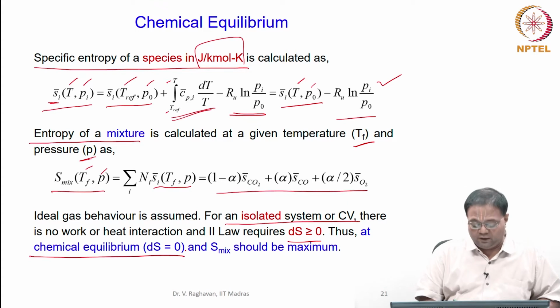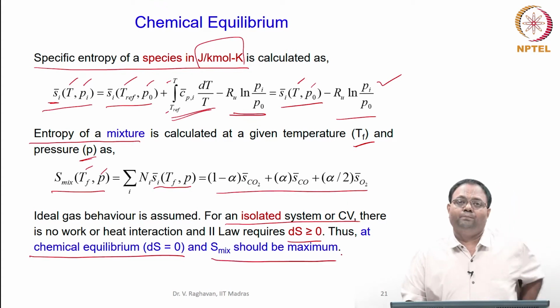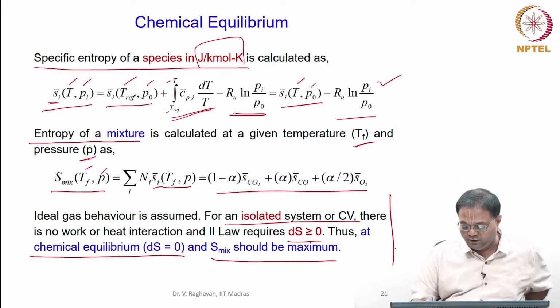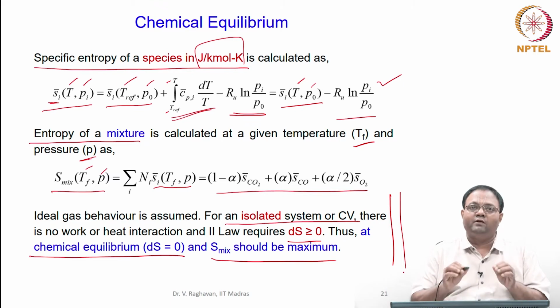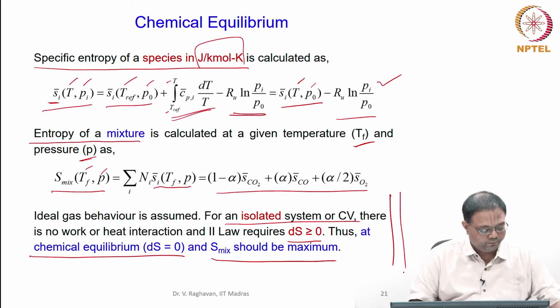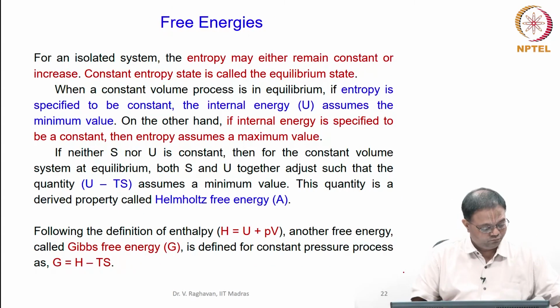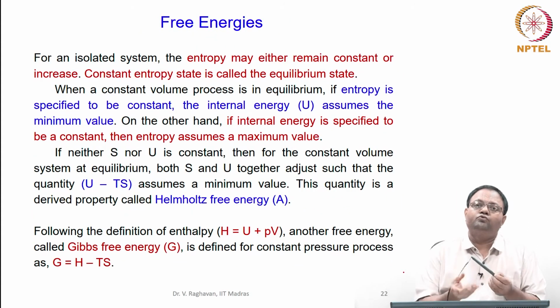That means at that particular point S_mix should become maximum. So if we want to evaluate the equilibrium condition, you should see that the entropy is at its maximum value. Now, entropy cannot always be used for our calculations.